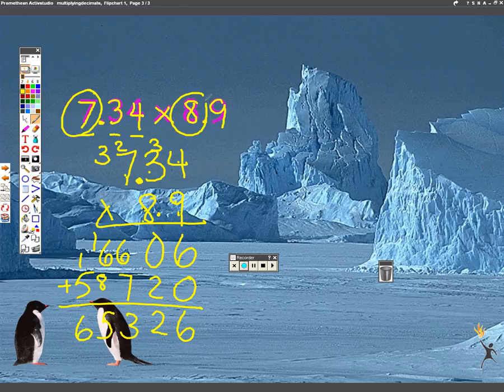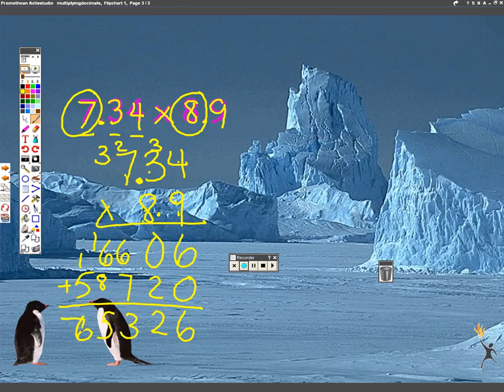7 times 8. 7 times 8 is close to 56. So somewhere I did my math wrong. Let's double check. This is 6, carry the 3, that's 0, carry the 3, that's 66, carry the 6. I brought down the 6, 8 times 4 is 32, carry the 3 is 27, carry the 2, 56. So where did I go wrong? Did I line up my numbers wrong?